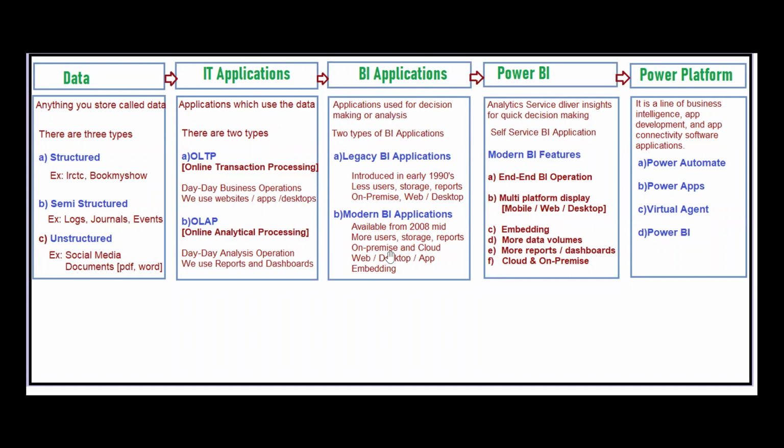BA applications, again, two types, old BA, modern BA. Power BI comes under modern BA with all the features. Earlier, Power BI is standalone. Right now, Power BI is under the umbrella called Power Platform. These are all the low-code components. And this is data to Power Platform evolution. Successfully completed.